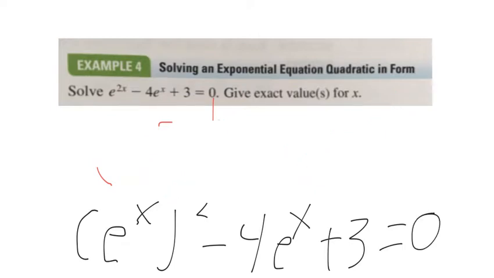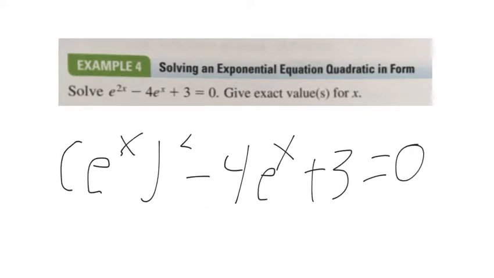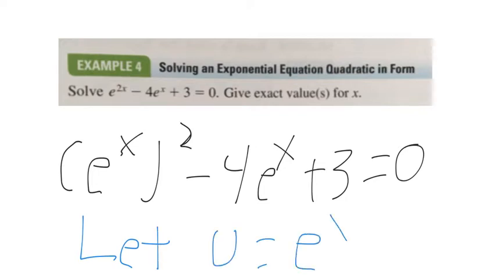Now you notice we have something squared minus 4 times that something plus 3 equals 0. So if we pick some letter other than x, say u, let u equal e to a power of x.